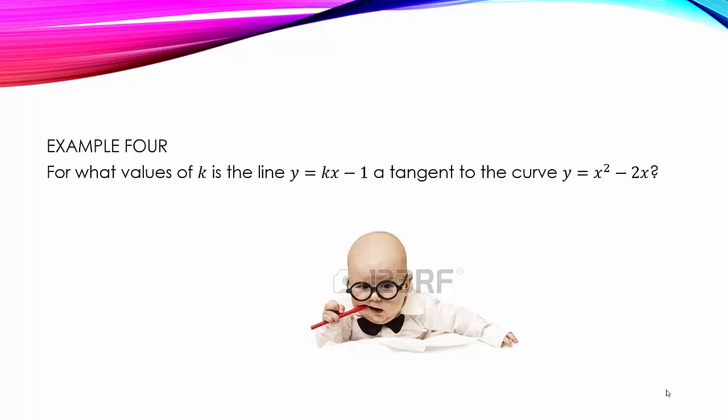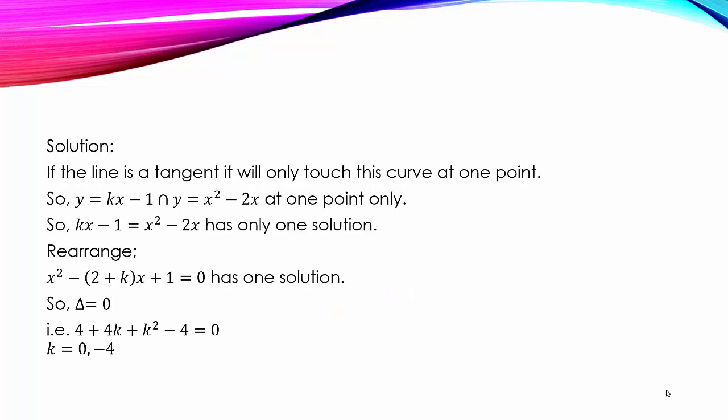So if it's just going to touch that parabola, then when we solve their equations simultaneously, how many solutions would I want to have? I would only want to have one solution. Again, you see that when I solve their equations simultaneously, I get a quadratic because it's where kx minus 1 equals x squared minus 2x.